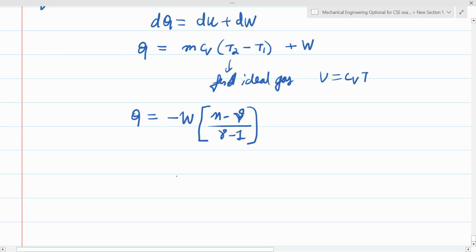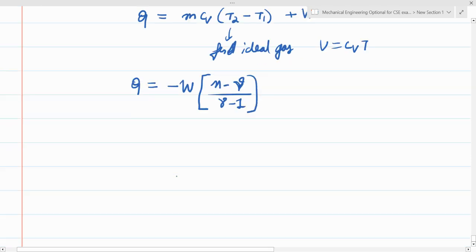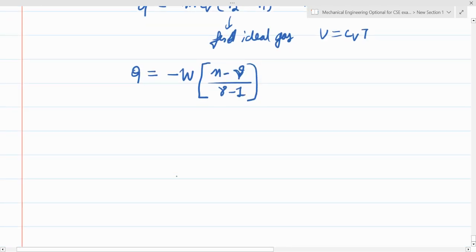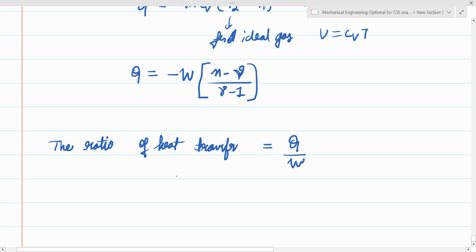Hence the ratio of heat transfer to work transfer is equals to Q divided by W is equals to minus (n minus gamma) divided by (gamma minus 1).